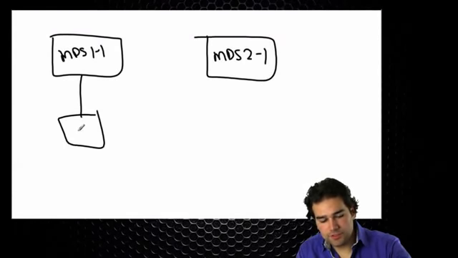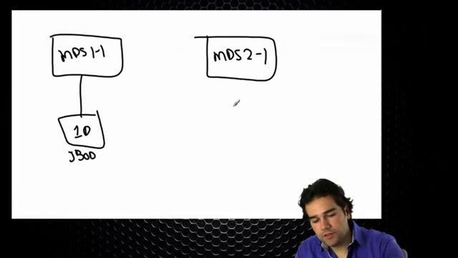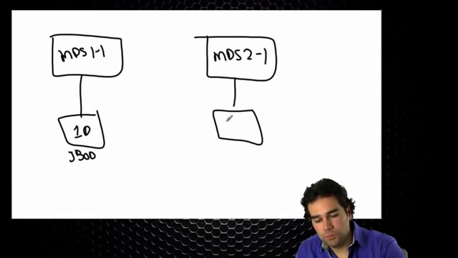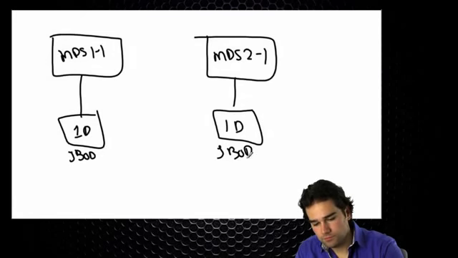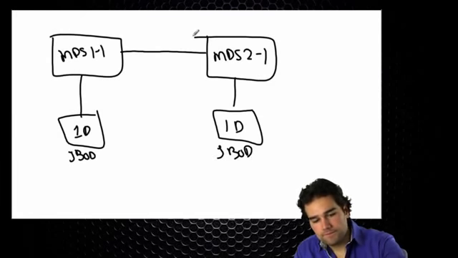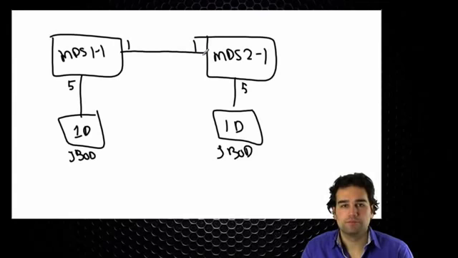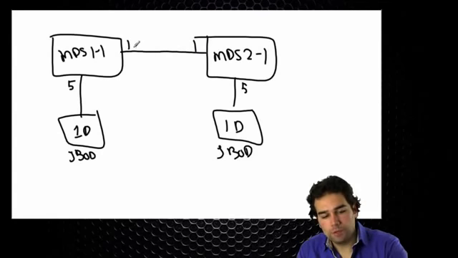This one is connected to a JBOD with one disk. And here I have another JBOD with another 1 or 2 disks. I think also 1 disk. This is port FC1/5. This is going to be 1/1 and 1/1. So I'm now going to bring up this port.